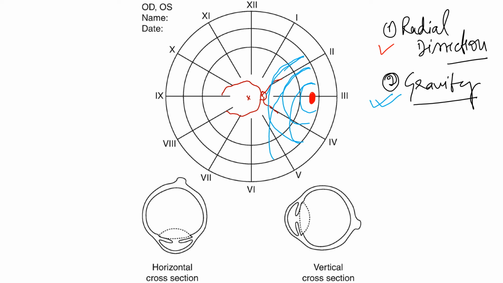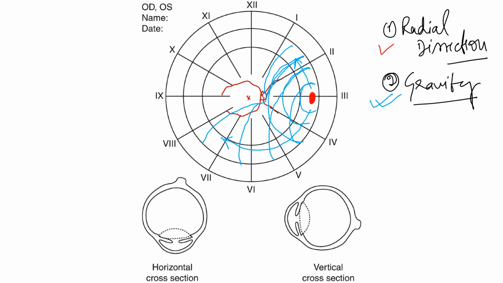So whenever a detachment passes across the disc, it will simply curve around the disc and then progress. As this detachment progresses with time, it will appear like this. Here we can appreciate the progression in this meridian is less when compared to this meridian. And this is all about how these two factors interplay in causing progression of detachment.